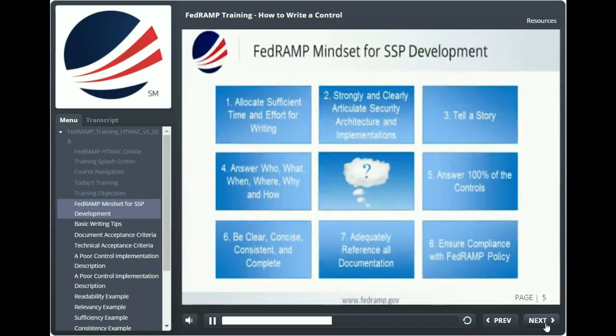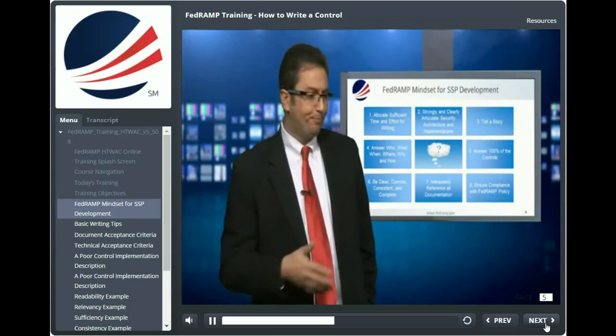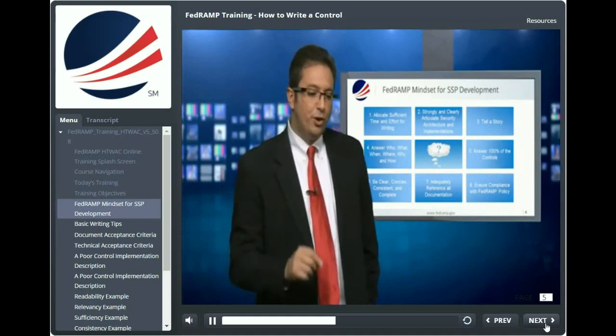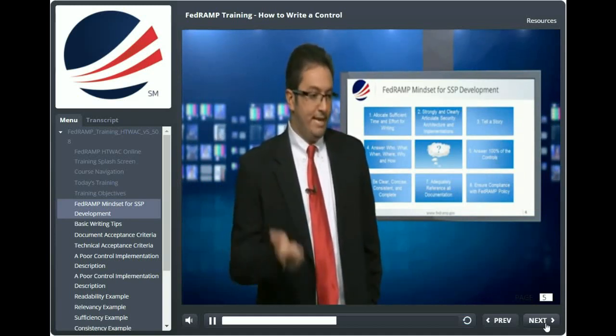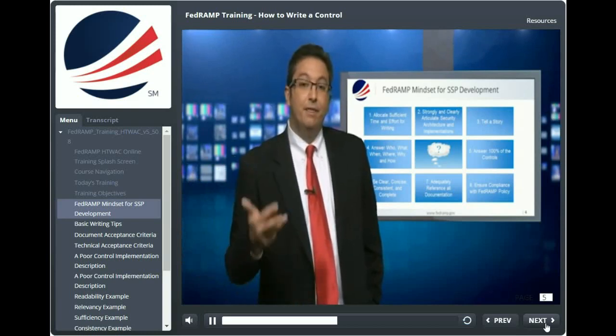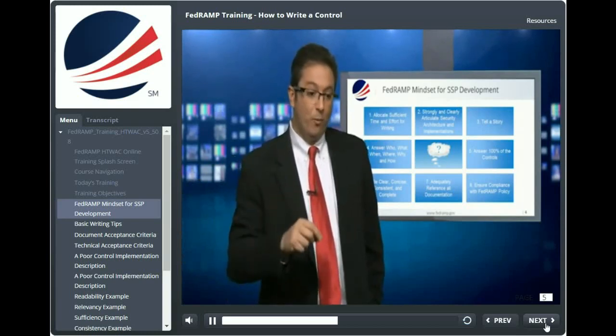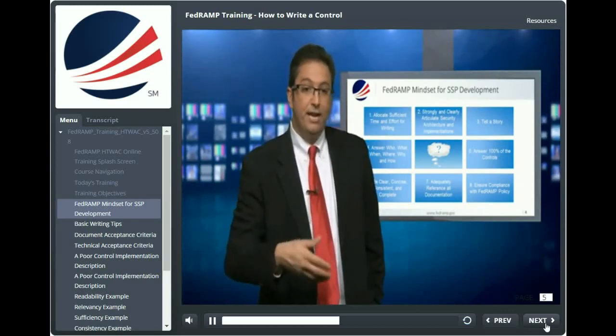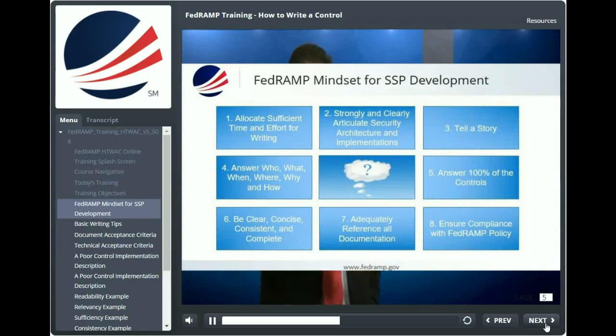Adequately reference all of your documentation. So looking at slide number 7, make sure if you refer to a policy, a procedure, an interconnection agreement, what have you, there are millions of things you can reference, make sure you put in the name, the date, the section, and the version of that document, so that when the assessor or the JAB has a question or the agency has a question, they can just go back to the name of the document, make sure the date is the same as on the name, go back to the version number, and then just open the page to the section.